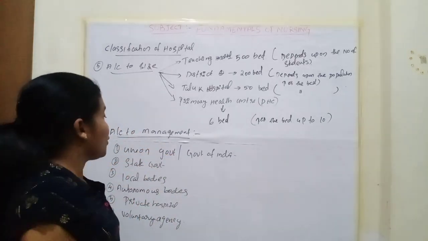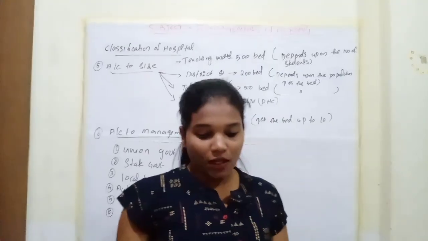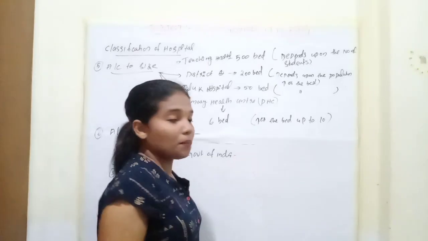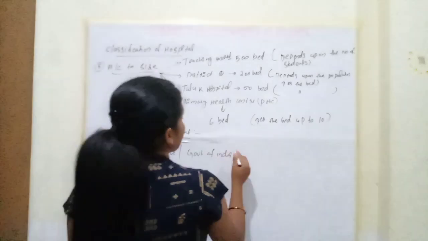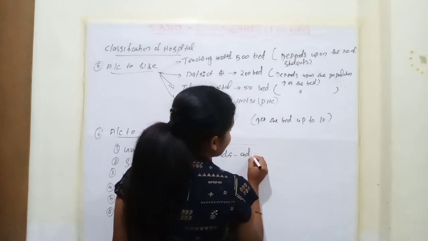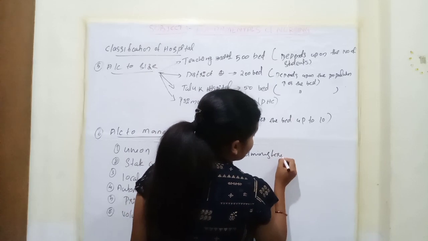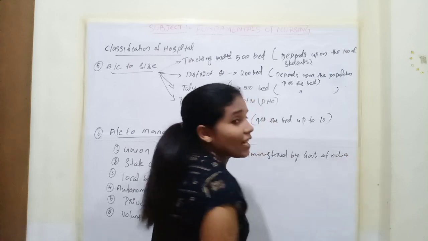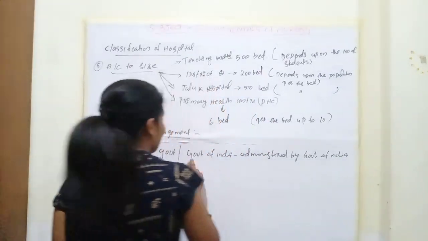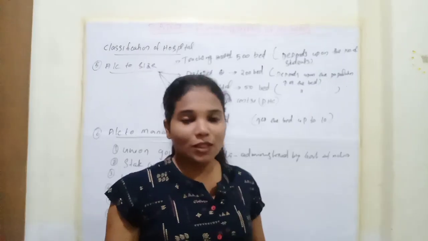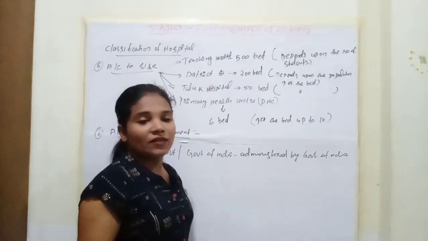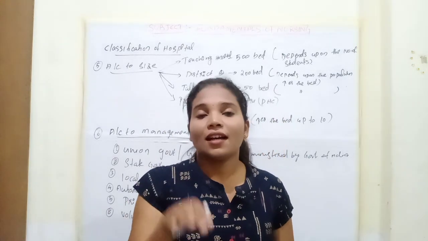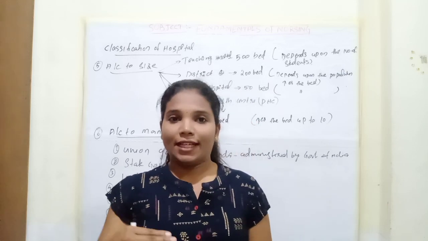The first one is the union government, or Government of India. As you know, it is administered by the Government of India, so the Government of India controls these hospitals. We can say they are Government of India hospitals, union government hospitals. Example: have you seen the railway hospital and the military defense hospital? Those are under the control of the government.